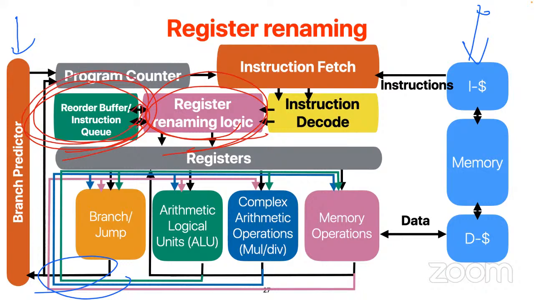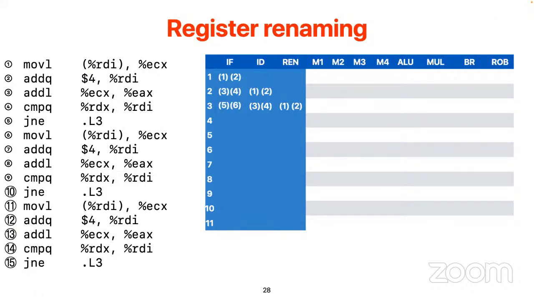That's why we need a buffer. This is also the place where the rest of the processor pipeline can start fetching instructions. So that's the high-level diagram. You can pretty much imagine that register renaming is essentially some kind of hardware that can schedule instructions according to their data dependencies.